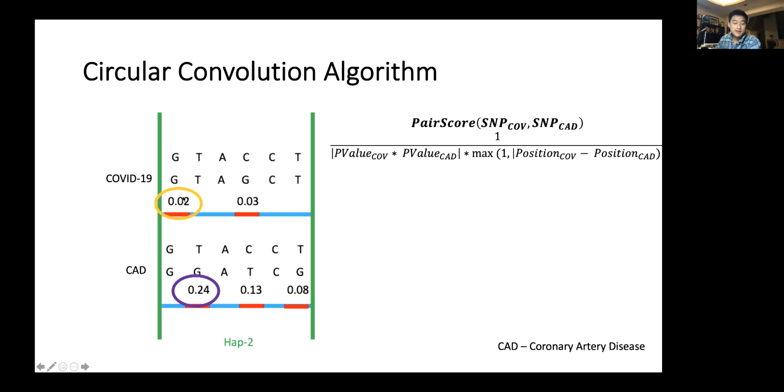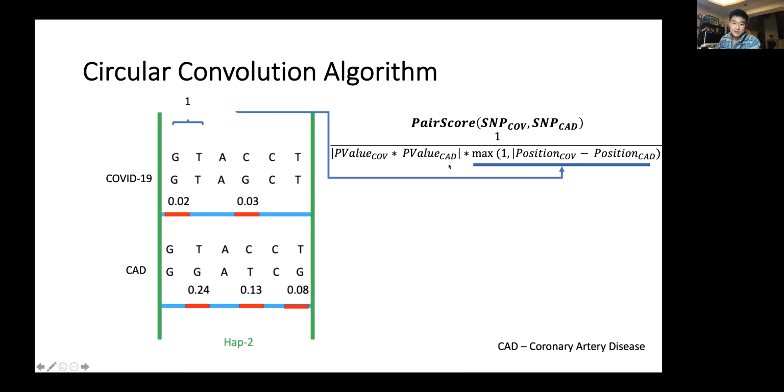So I find the score of this pair using this equation. I plug in the p-values, I multiply them together, and I find the difference in their distance, and I take the inverse of that. And with this, I obtain a pair score for this pair of SNPs.